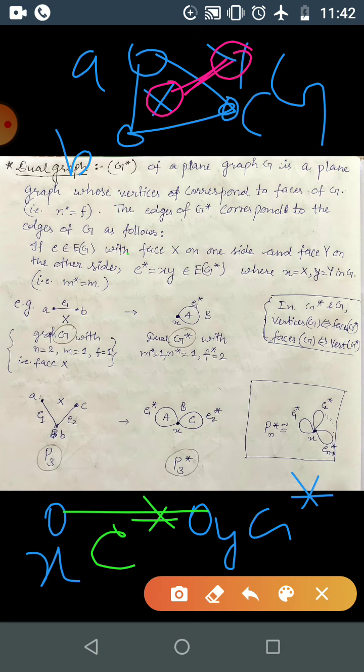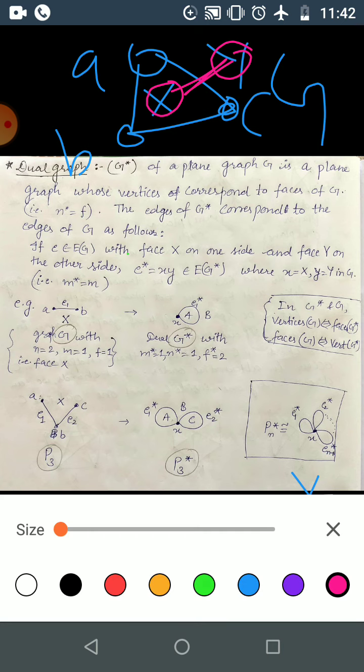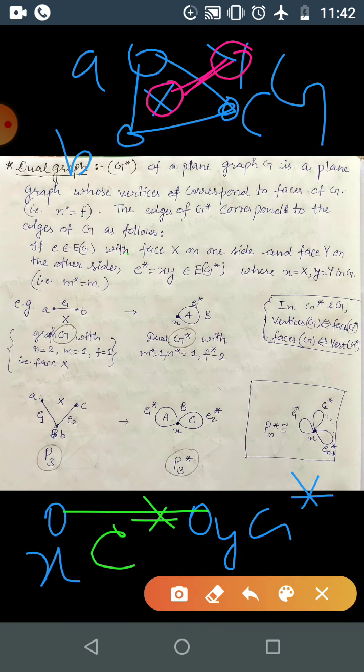Similarly, if there is some other edge with the same regions, the same faces X and Y on its two sides, then there will be one more edge corresponding to it, starting from x and ending at y. So this will be a multi-edge, since X and Y are the faces on both sides of this edge also.